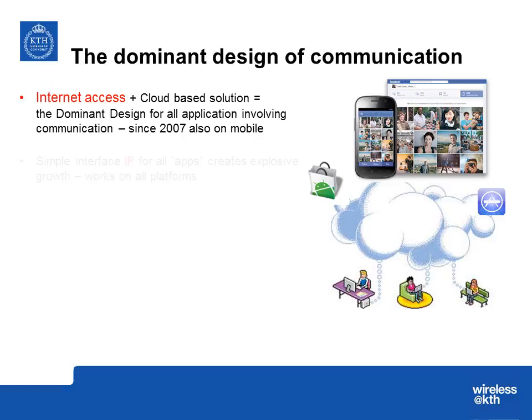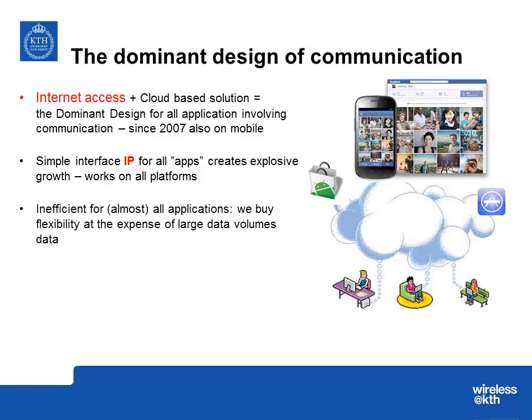The Internet Protocol is a very simple interface, and it's useful for all types of applications, and it has created an explosive growth since it works with all types of platforms. The drawback is that since it's very versatile, it's also quite inefficient, and you can say that we buy flexibility. It's useful for all things, but the required data volumes that need to be transmitted on these links are quite large.